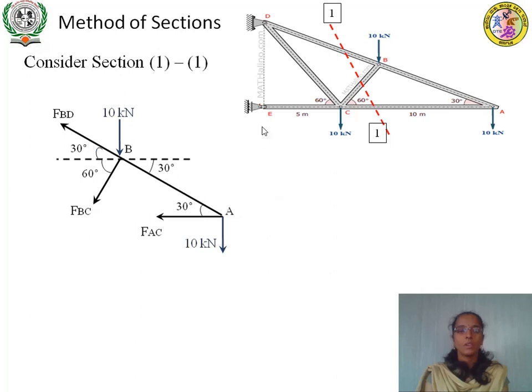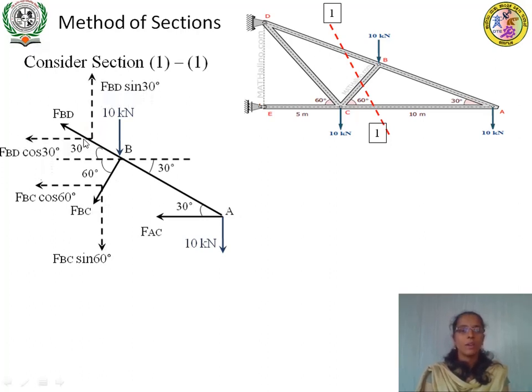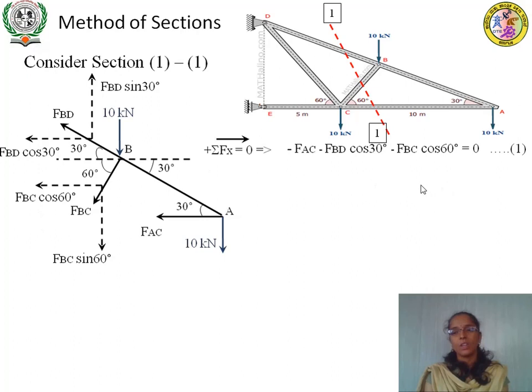Now we will resolve these inclined forces. For BC, FBC cos 60 and FBC sin 60, and the resolved components of BD are FBD cos 30 and FBD sin 30. Now we apply sigma Fx equals 0. That implies minus FAC minus FBD cos 30 minus FBC cos 60 equals 0.